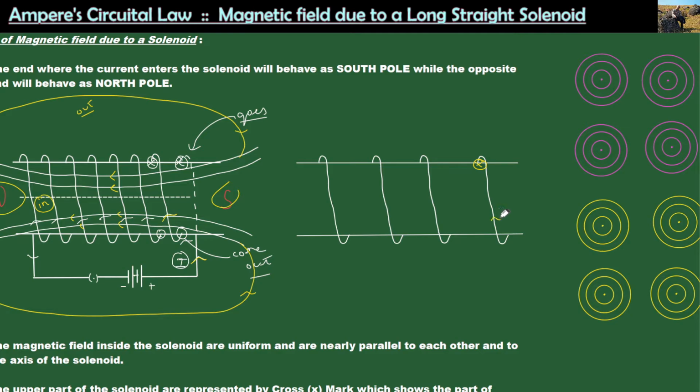This is the point where the current enters, and from this particular point, the current leaves, or comes out. So from there, making use of that analogy, we can represent them in another form.